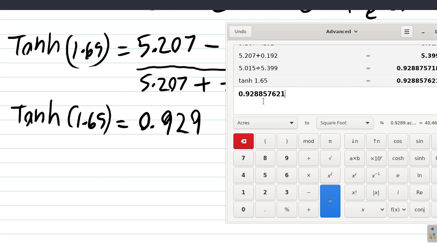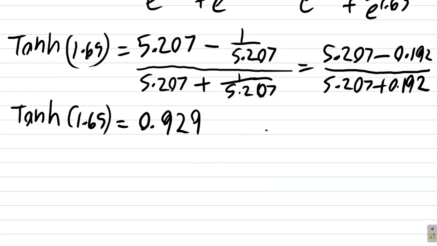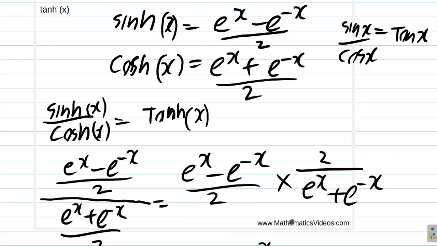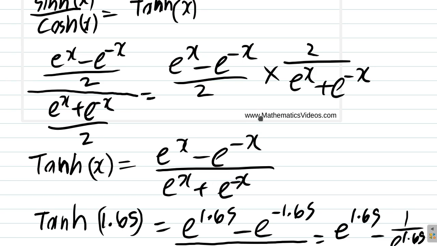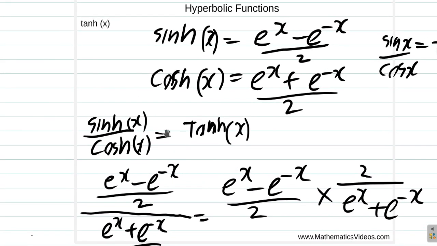So that shows evidence that we are correct here. So the hyperbolic tangent of x is e to the x minus e to the negative x divided by e to the x plus e to the negative x. It is the same as sinh over cosh.